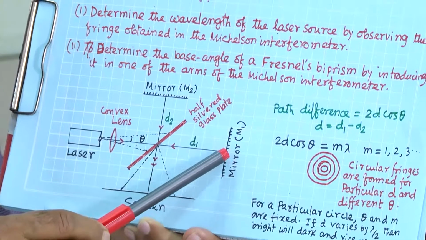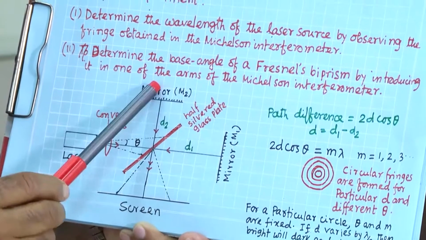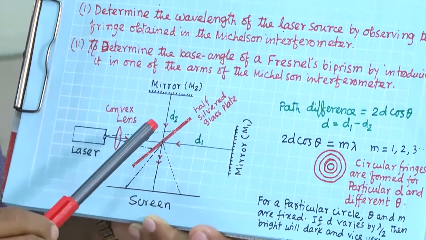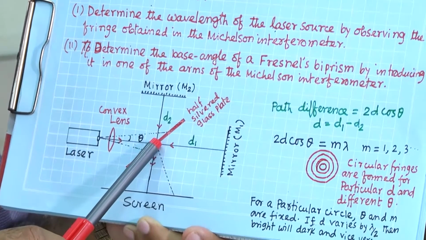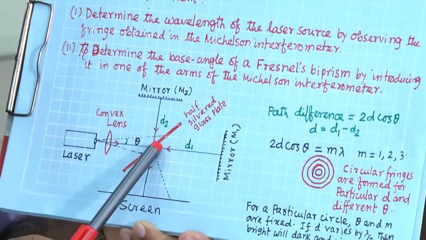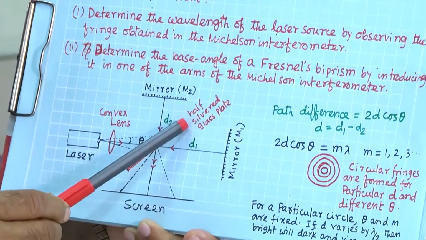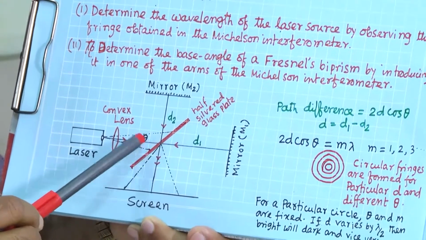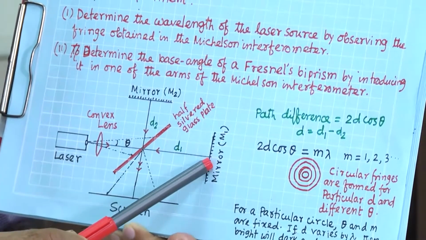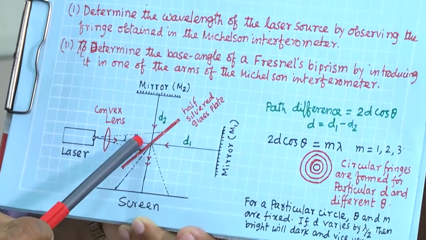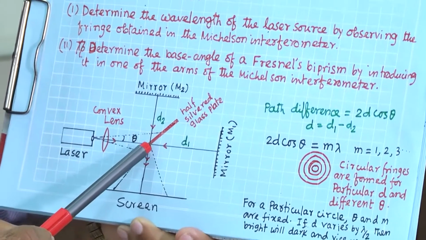There are two mirrors in perpendicular directions, mirror M1 and mirror M2. The refracted light, since the plate is very thin, has not much divergence. It goes straight, just like transmission, through the plate.